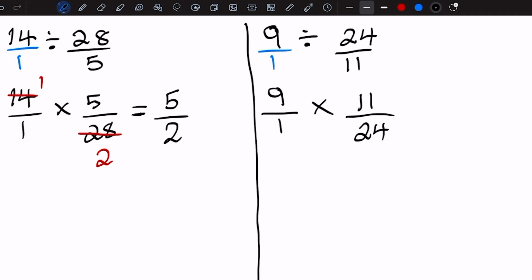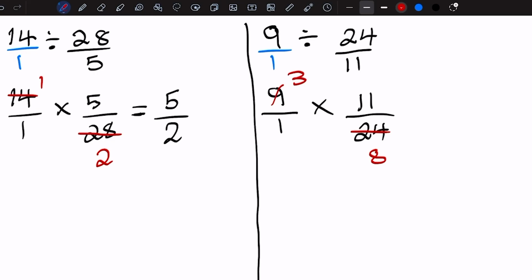We look through to see if anything can be simplified. I see that the 9 and the 24 can be simplified. 9 cannot go into 24 without leaving a remainder, but there are other factors of both 9 and 24 that can go into both of them. That factor is 3. So 3 into 9 goes 3 times, and 3 into 24 goes 8 times.